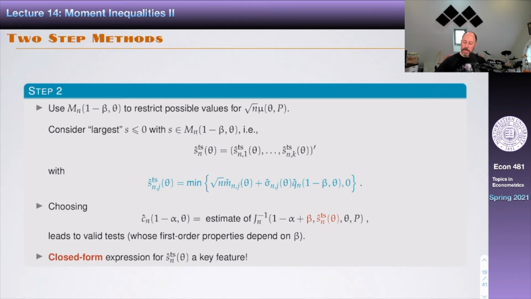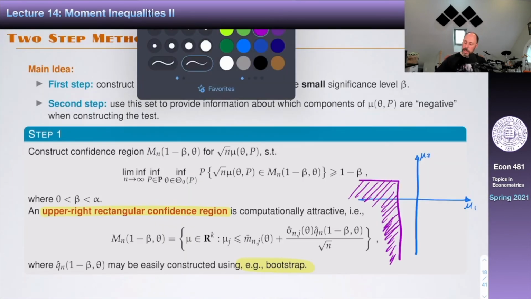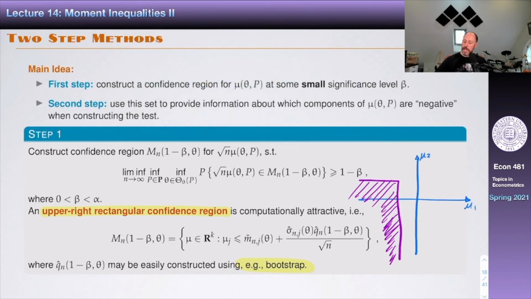It's just going to be the minimum between the boundary of your confidence region and 0. And so when you go to this picture, where's the minimum between that and 0? You have to do that coordinate by coordinate. When you look at mu1, the minimum between our region and 0 is that point.